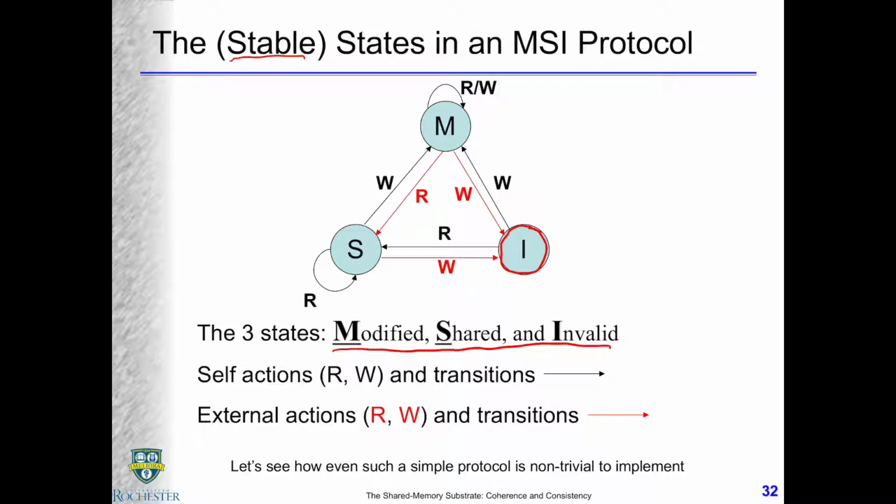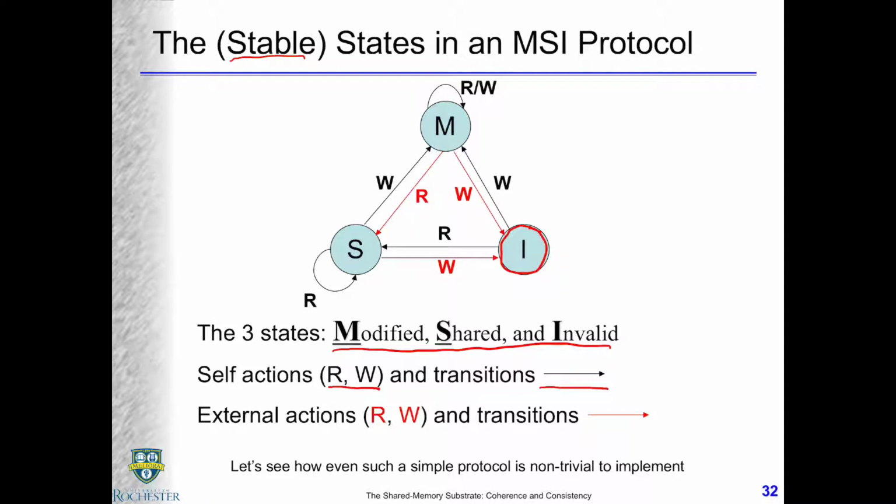And in this state diagram, the black letters and arrows indicate the transition from state to state based on self-action. Meaning, suppose I'm in an invalid state and I want to read.